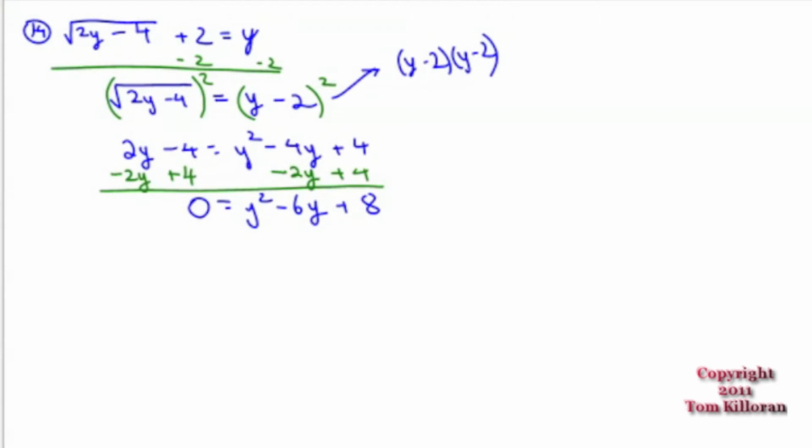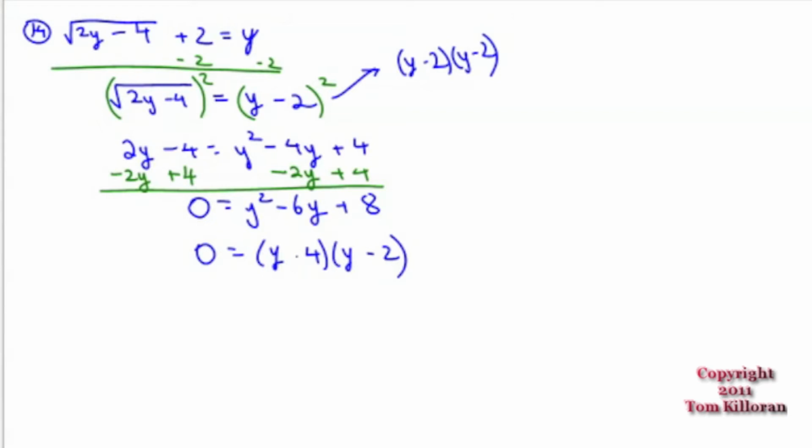All right. Now what? You can factor. It's y minus 4, y minus 2. Factors of 8 that add up to 6: negative 4, negative 2, so it becomes y minus 4 and y minus 2.